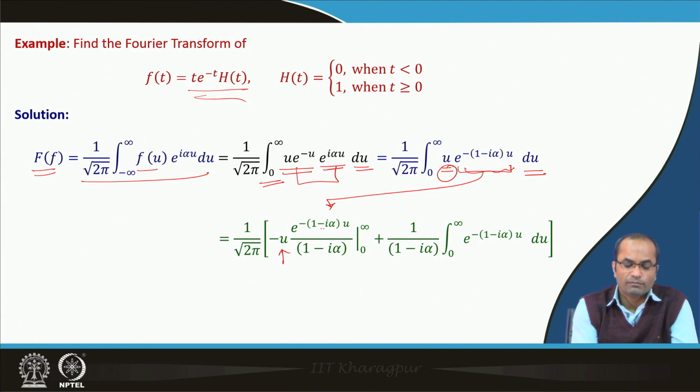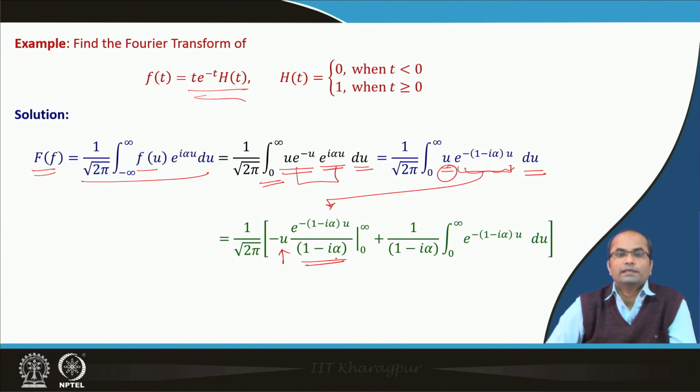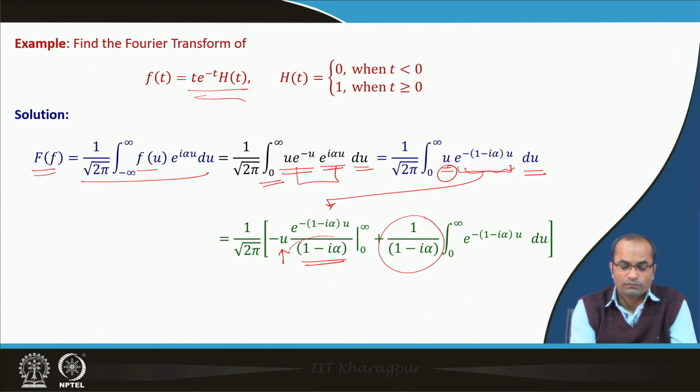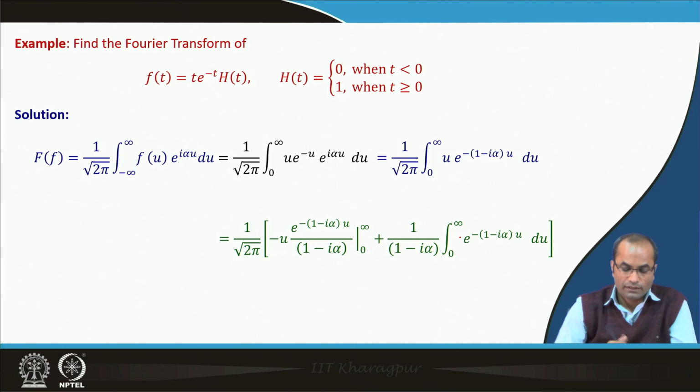So we have e^(-(1 - i alpha)u) with u, and this is in the denominator as 1 - i alpha, plus we have again this 1 - i alpha, because this will be integrated, and then the differentiation of u will become 1. So we have this integral now.